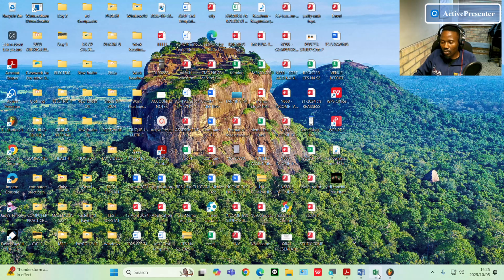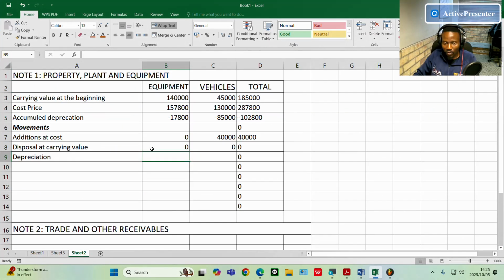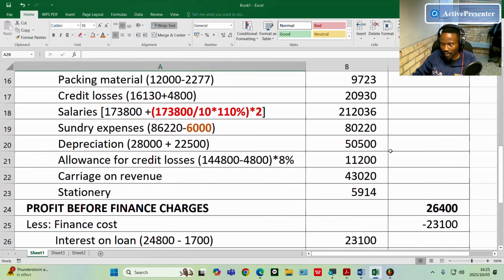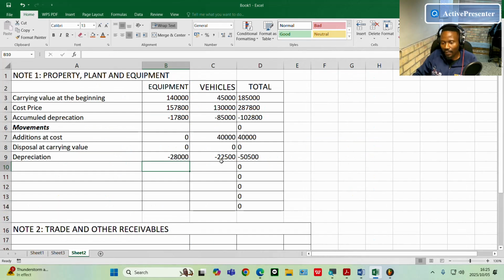So what we need to take into account here is that you minus the disposals at net carrying value. You also minus the depreciation, minus 28,000, and minus 22,500. So I think this total should be the same as this. Yes, it is the same, so it's correct.